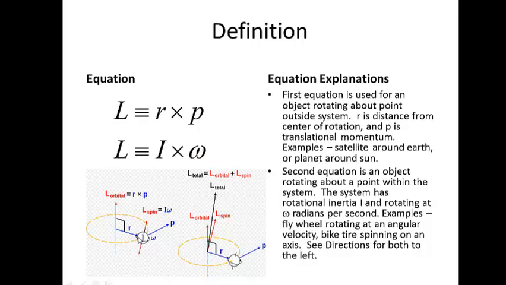For angular momentum, you have R cross P. It would go up, and it's always perpendicular to either P or R. For the other angular momentum, you cup your hand and your fingers follow the direction of omega, and your thumb goes in the direction of the spin.